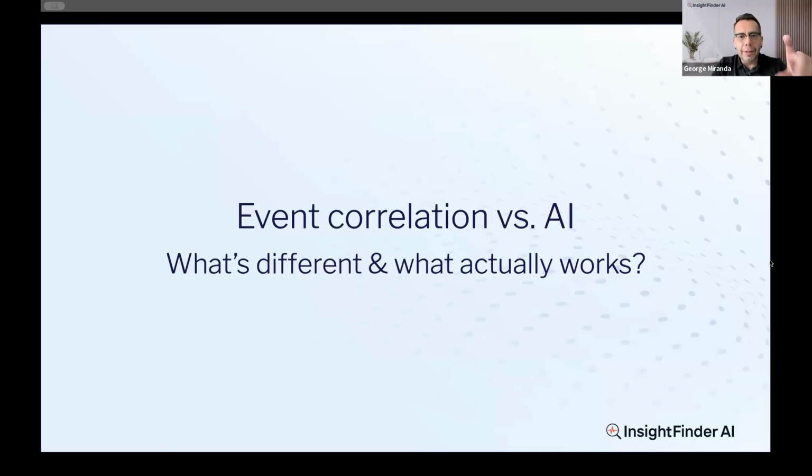I want to zoom in on some of those things you touched on, Helen, like where things get blurry in the AI ops space, right? And I think that's event correlation versus AI, right? And what is it that actually helps you move the needle during the outage? So help us pick it apart, right? What is the difference between these two things? And what's different and what actually works, right? So the difference in event correlation and using a true AI approach. What's your take, Helen?